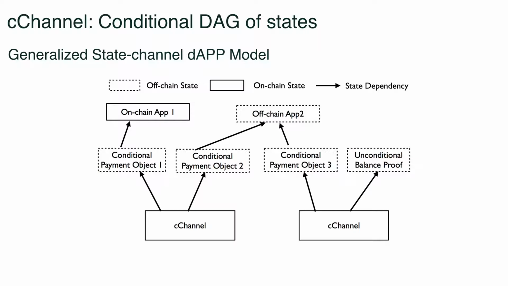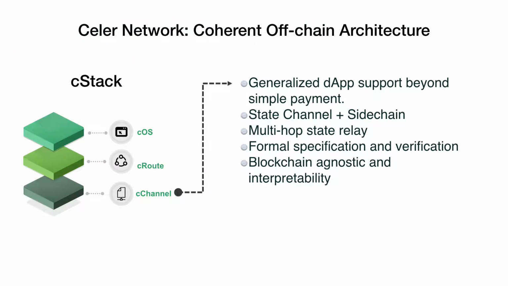Okay, so this is more like a researchy diagram describing what we envision as a generalized state channel model, which is a conditional dependency DAG of states. And this is just an example of that. For the cChannel, we'll have formal specification and verification capability for this kind of off-chain smart contract.